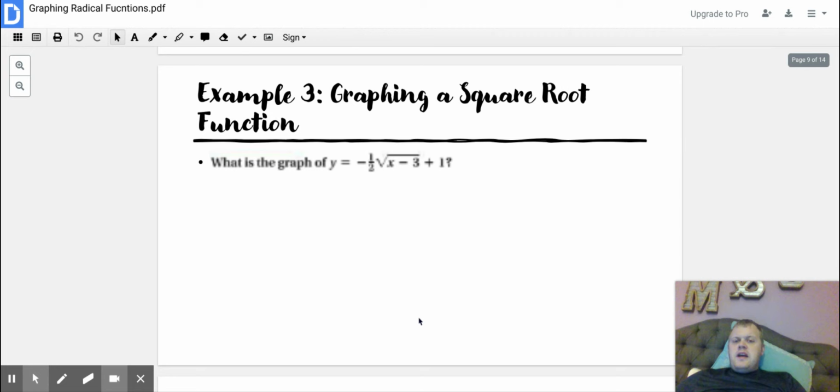So example 3, graphing a square root function here. So now we're putting it all together here, right?